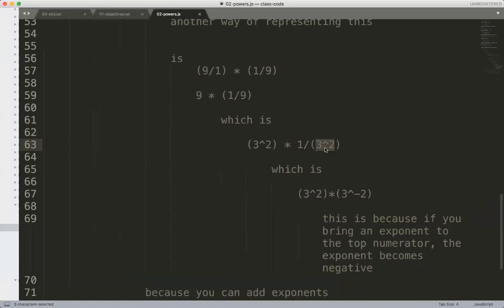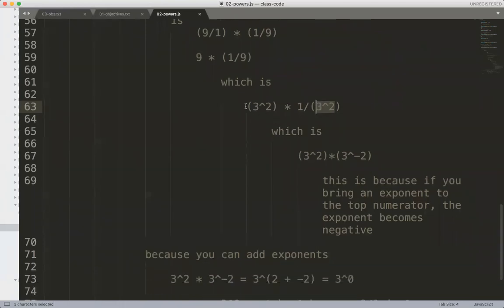And anytime you have a number to an exponent on the denominator, if you bring that number to the top, to the numerator, the exponent becomes negative. So this right here is just 3 squared times 3 to the negative 2 power, right? 1 over 3 squared. In other words, 1 over 9 is just 3 to the negative 2 power.